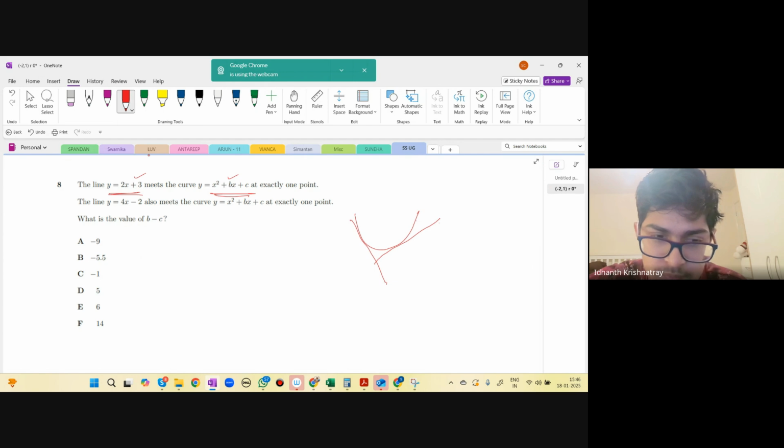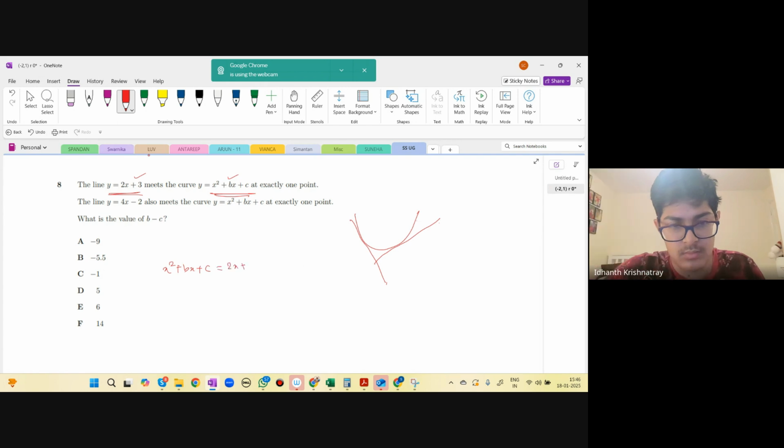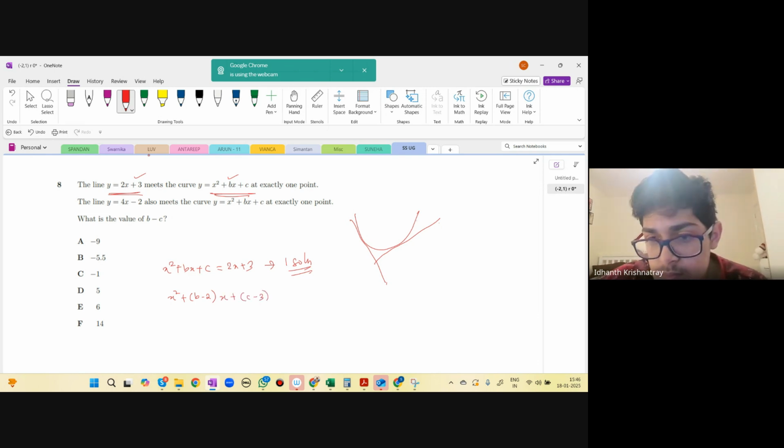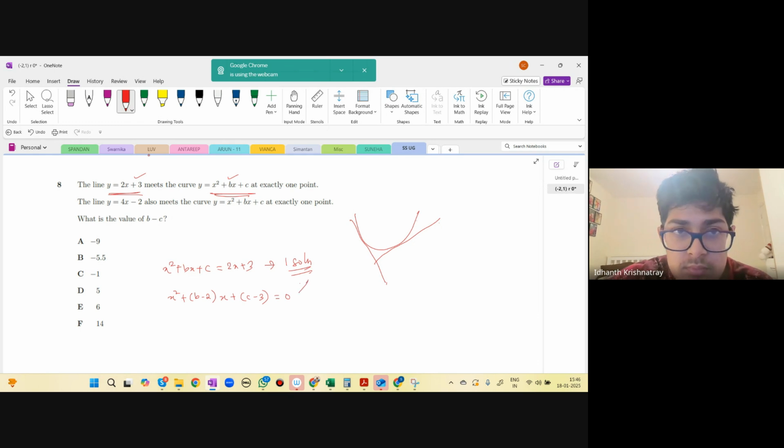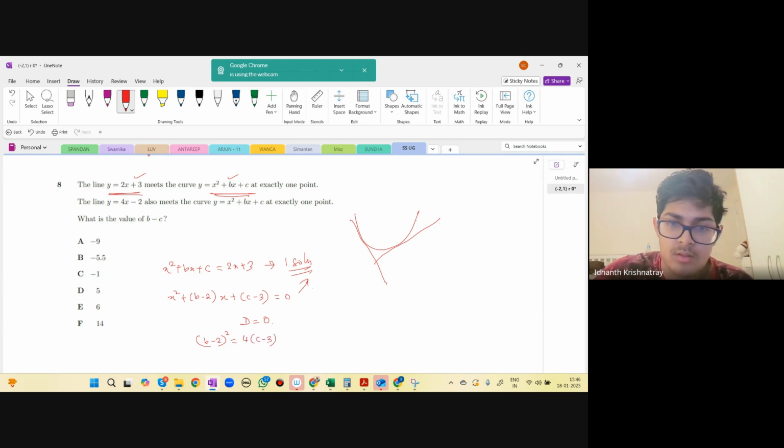So the solution to the equation x square plus bx plus c, so x square plus b minus 2 into x plus c minus 3 equal to 0, will have only one solution. That discriminant will be equal to 0. So b minus 2 square should be equal to 4 into c minus 3.